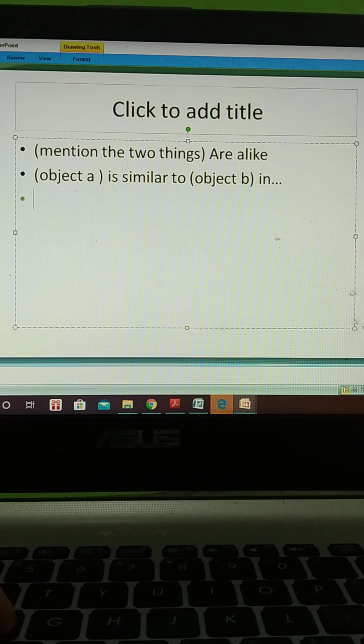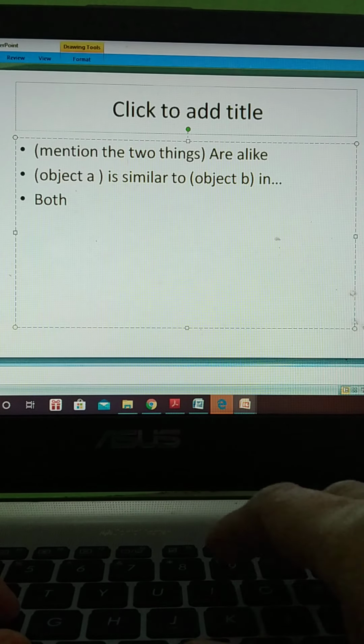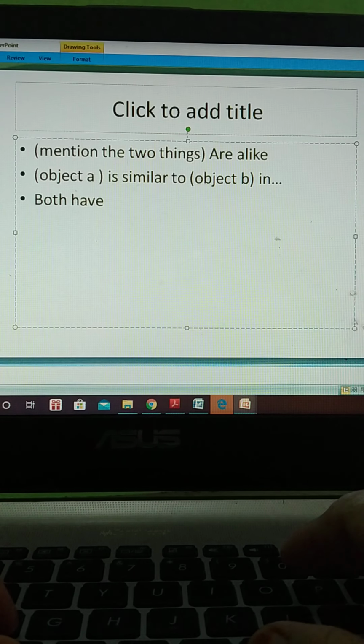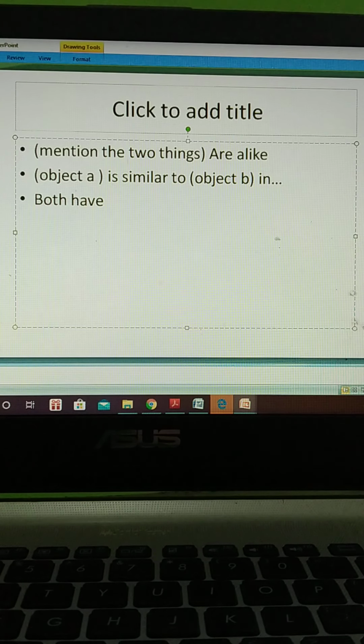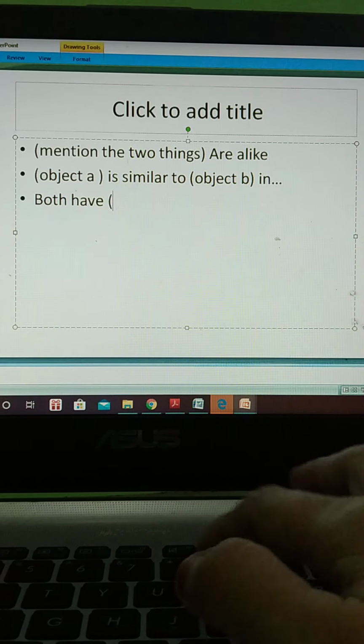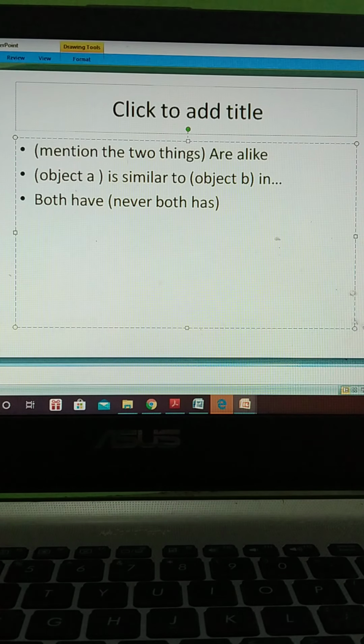And then both, when you want to say keduanya, both have excellent service. Both have, never both has. And also, I think for also and too you can use it.